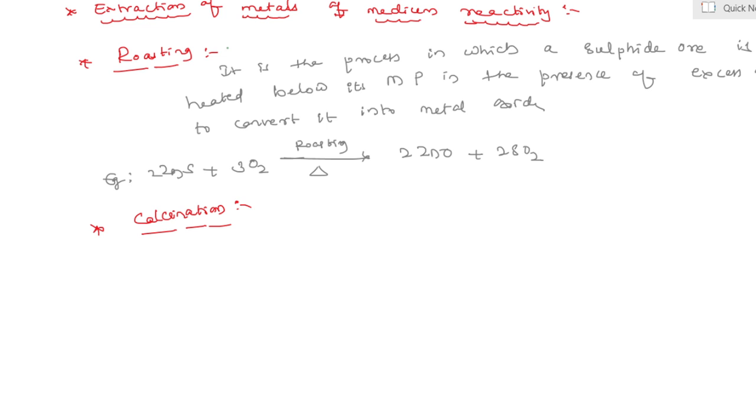Roasting means the process in which a sulfide ore is heated below its melting point in the presence of excess air to convert it into metal oxide. But calcination is a process in which carbonate ore is heated below its melting point in the absence of air to convert it into metal oxide.